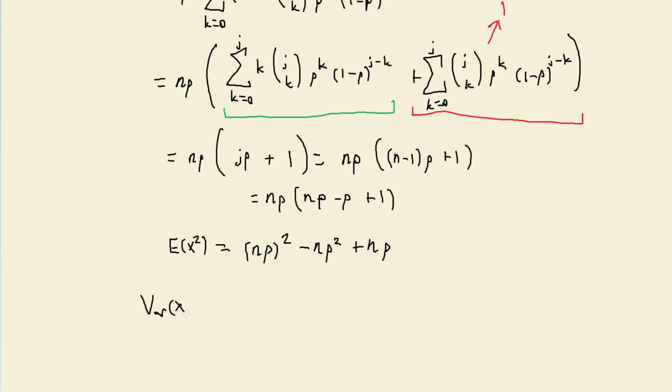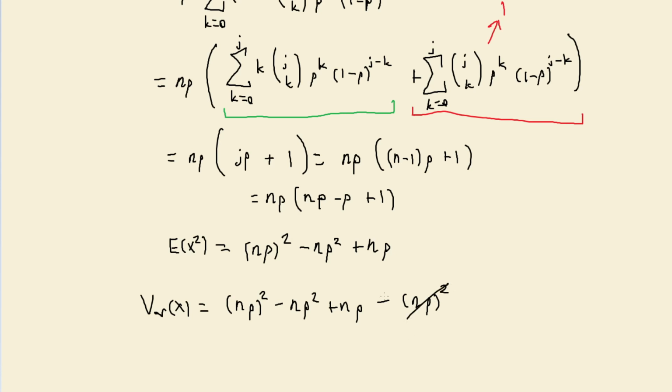If we want the variance, then what we need to do is take this and subtract the first moment squared. And the first moment, once again, is np. And so we need to subtract np squared. np is the first moment, or the mean, of the binomial distribution.